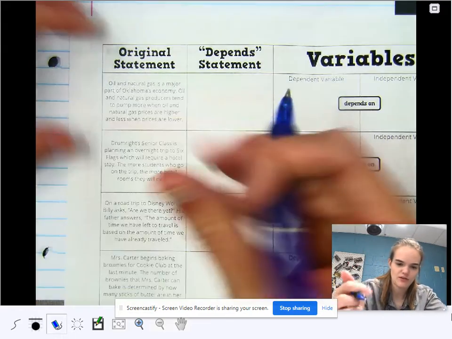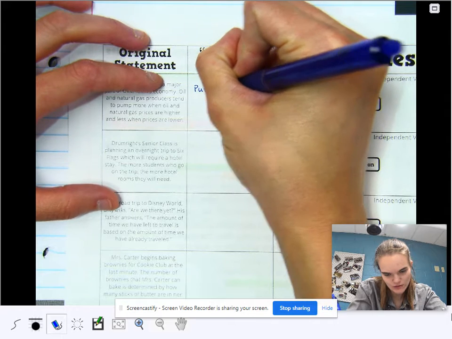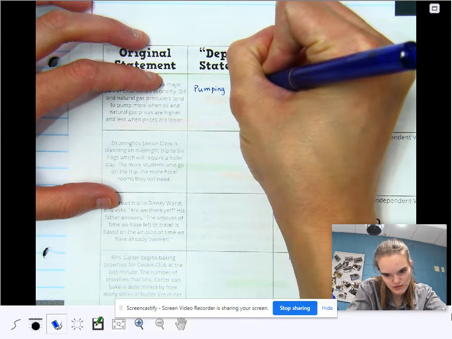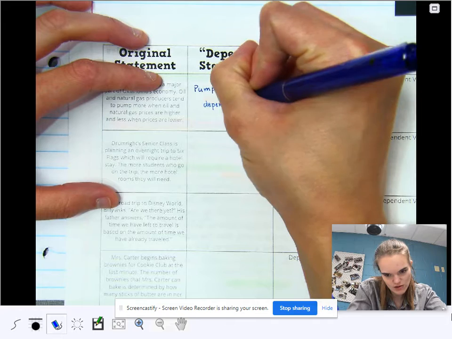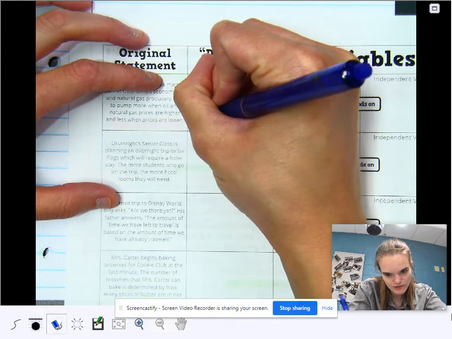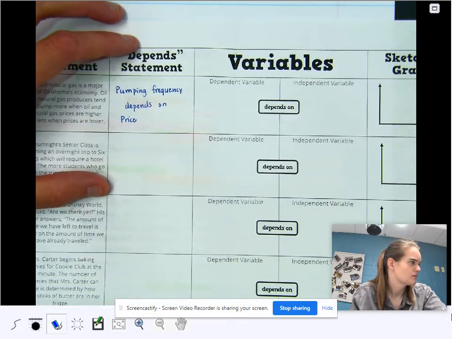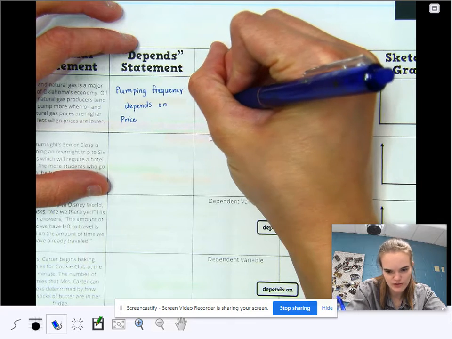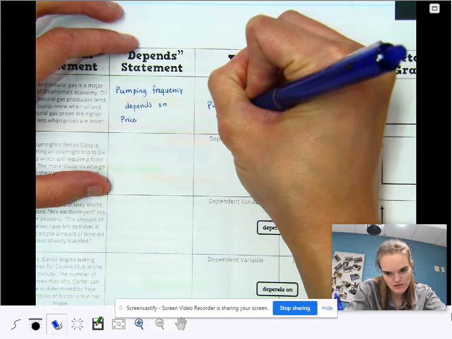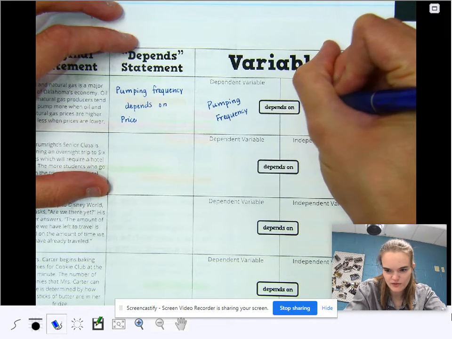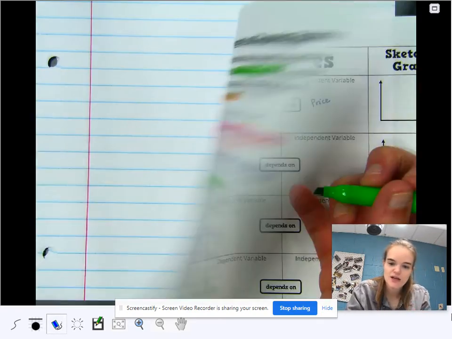Our dependent statement: pumping frequency, how often you pump, depends on the price. So we're just going to rewrite that. Pumping frequency depends on price.